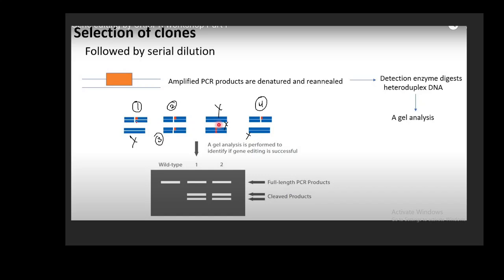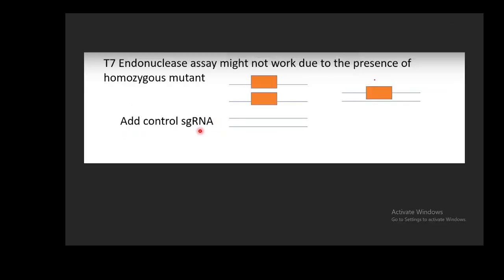For that, what you have to do is add the sgRNA molecule. Suppose this is your clone that has the modified DNA at both the strands, and now you add the single guide RNA that has not been modified. So it will react with this particular strand, and then it will form the heteroduplex molecule.